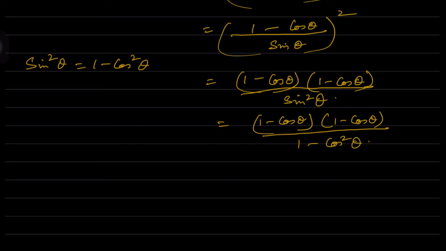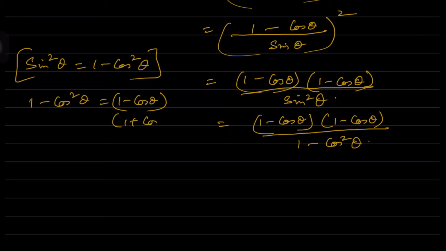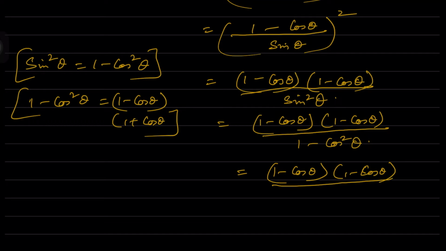You know that 1 minus cos square theta can be written as 1 minus cos theta into 1 plus cos theta. So this can be written as 1 minus cos theta into 1 minus cos theta divided by 1 plus cos theta into 1 minus cos theta.